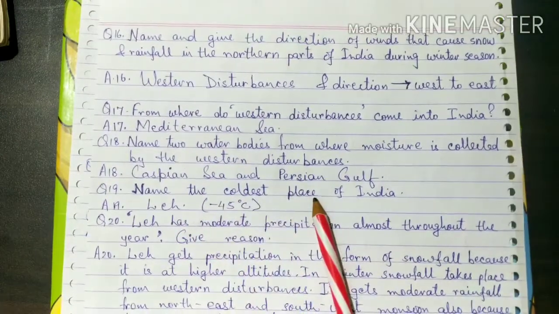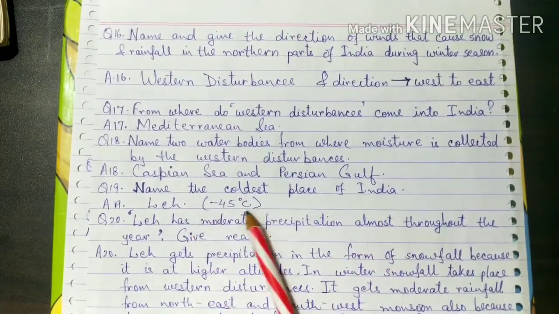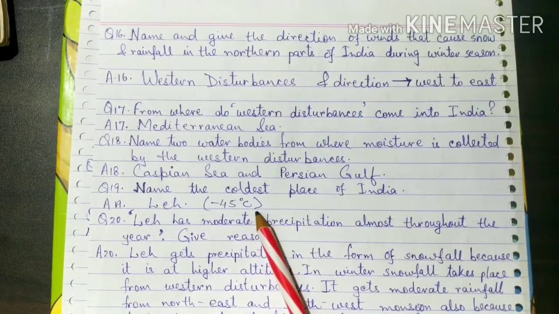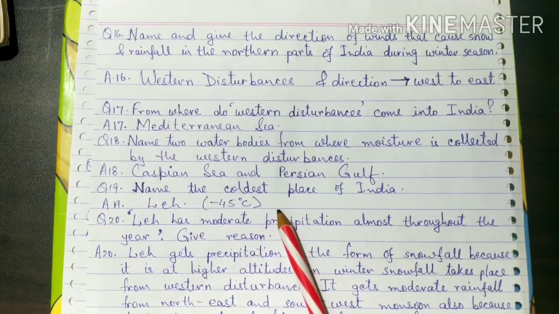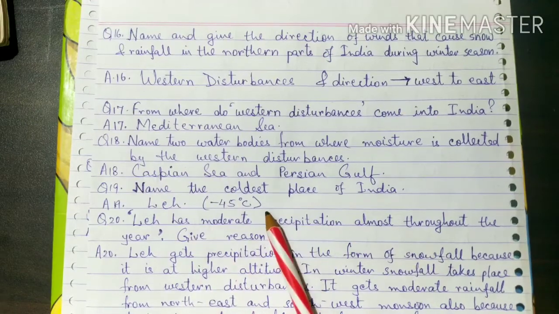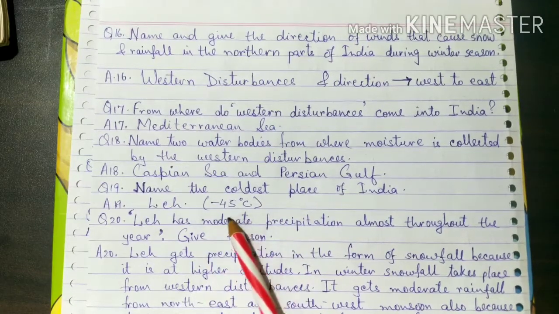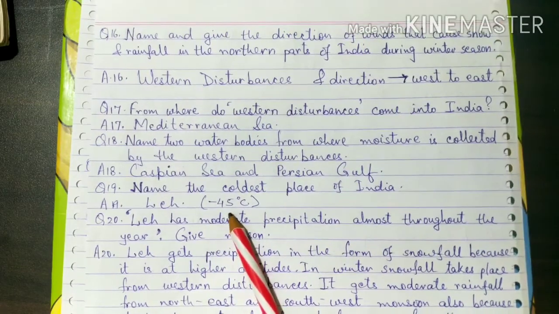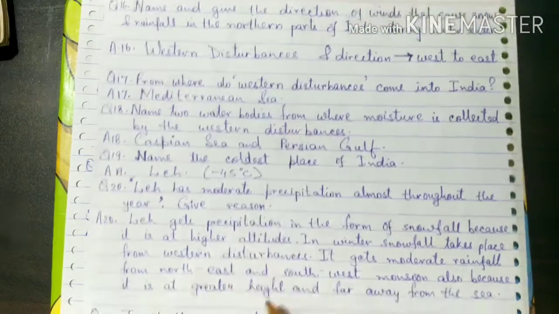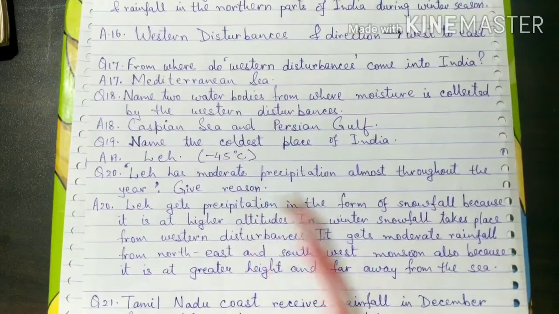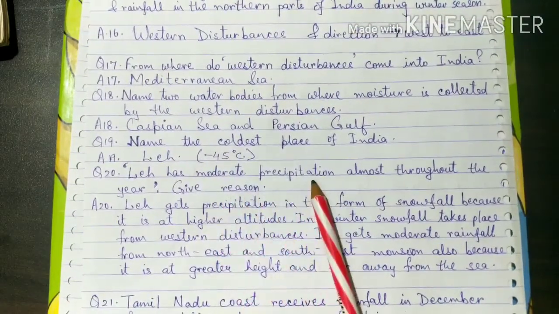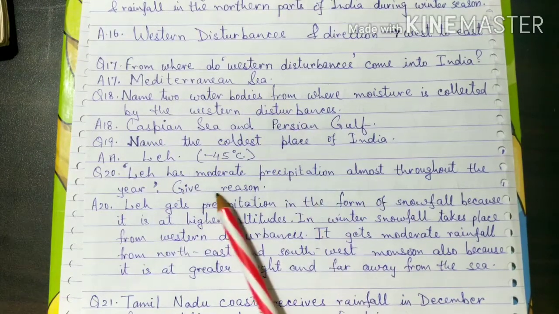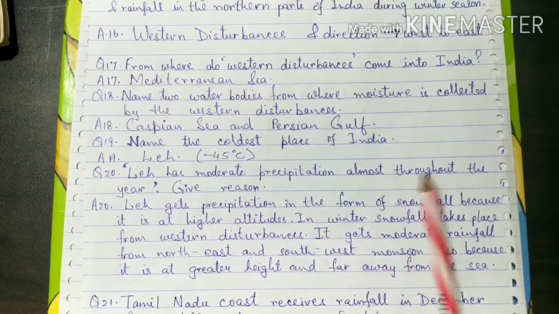Name the coldest place of India. That is Leh, which has -45 degrees centigrade in the month of January at night. At night the temperature goes down to the lowest, and the lowest temperature recorded here is -45 degrees centigrade. Now give reason: Leh has moderate precipitation almost throughout the year.